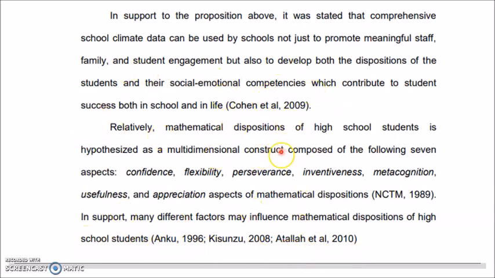So, theoretical framework, of course, saan nakabase, sa anong theory or study nakabase yung current study ninyo. It's just like, paano mo naisip na i-conduct yung study na yan? Anong study ang nakapagbigay sa'yo ng idea, bakit mo i-conduct ang study na yan? So, that's the theoretical framework.